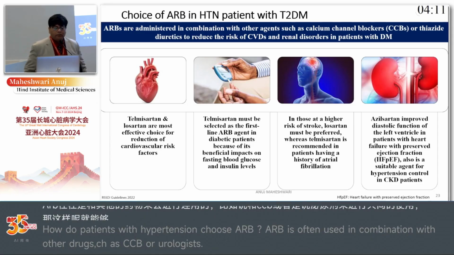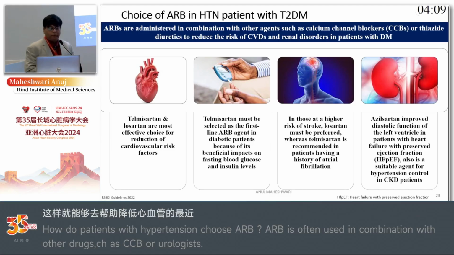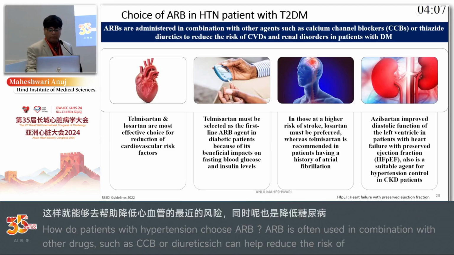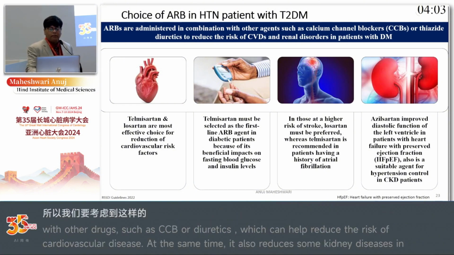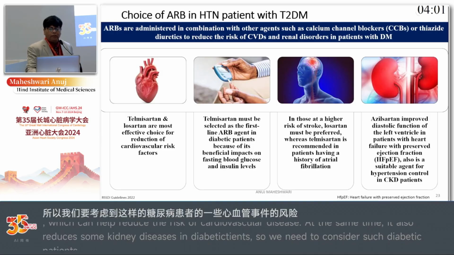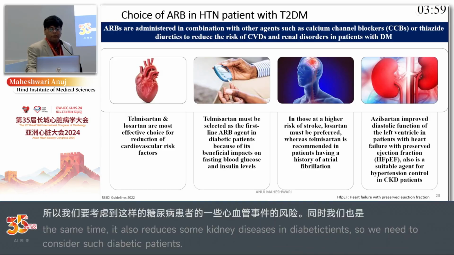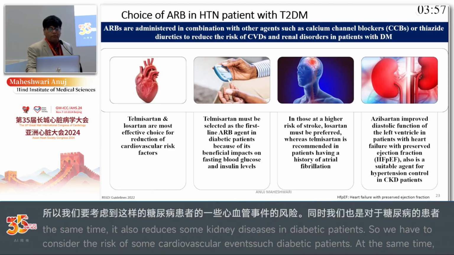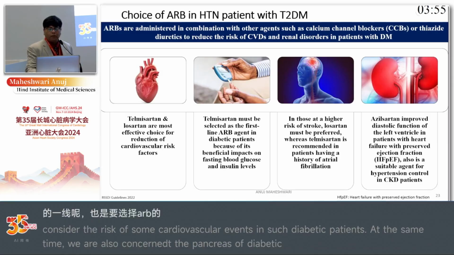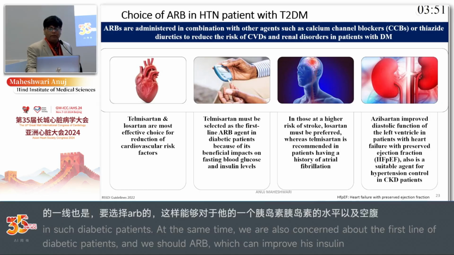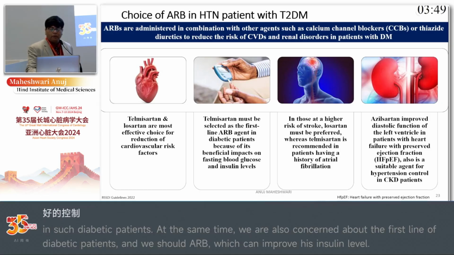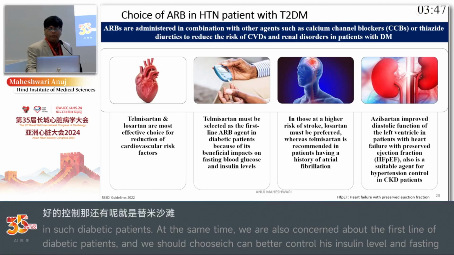Telmisartan and losartan are the most effective choices for reduction in cardiovascular risk factors in diabetic patients. Telmisartan must be selected as the first-line ARB agent in diabetic patients because of its beneficial impacts on fasting blood glucose and insulin level. In those at higher risk of stroke, losartan must be preferred, whereas telmisartan is recommended in patients having a history of atrial fibrillation.